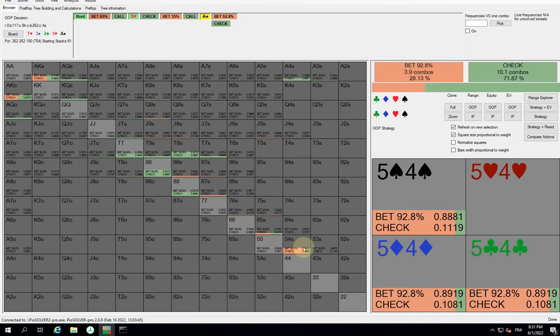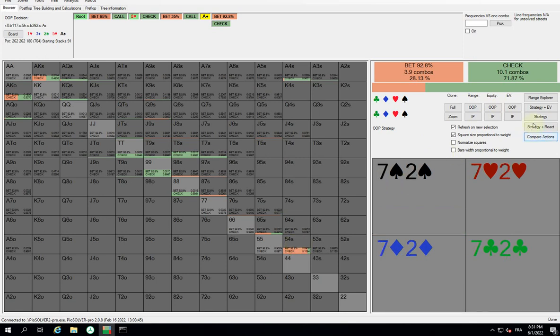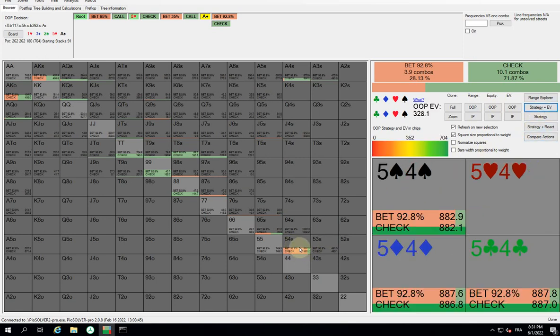So this means that it's a mixed decision spot. We can play both strategies at this point, and the EV is exactly the same. If we calculate the EV, you can see at the bottom right of the screen, in the 5-4 of diamonds square, the EV is 88 in both cases.